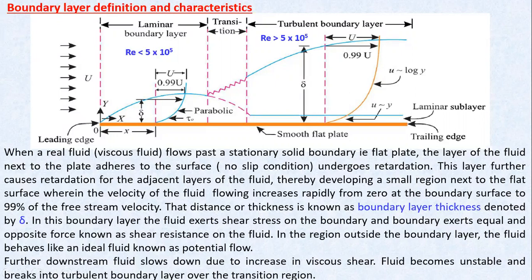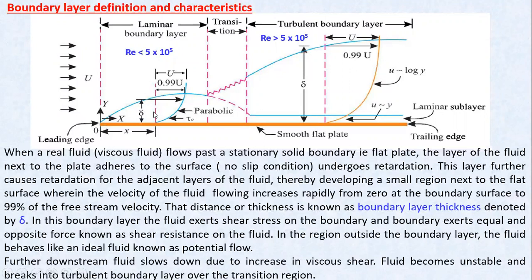But as we go along the vertical distance, the effect of this plate surface reduces, and because of the inertia effect of this flow, the free stream velocity increases and the velocity goes on increasing from 0 at the plate surface to almost equal to the free stream velocity.